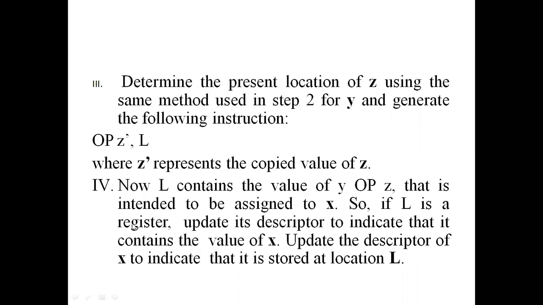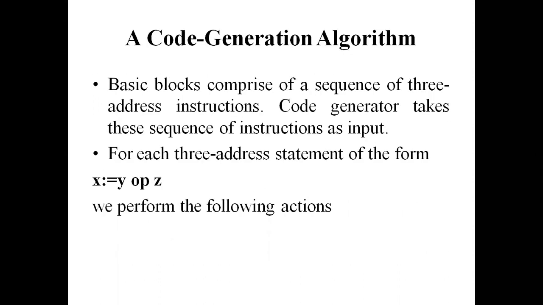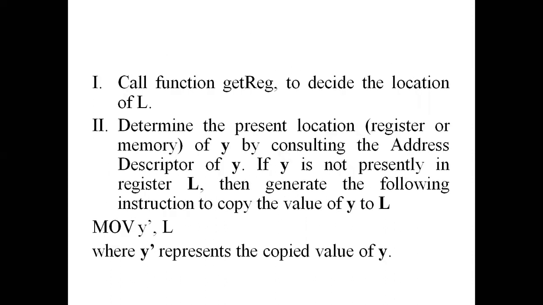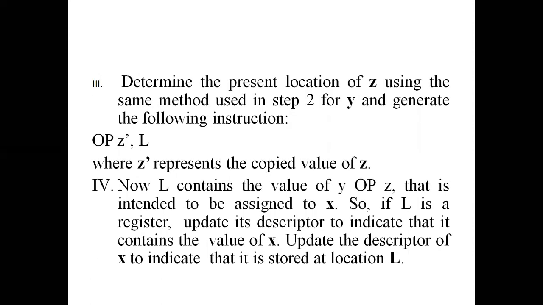And the same way here we need to determine the present location of z, because x = y op z is the three address statement. Now we are determining the locations for y and z. So in the second action I determine the location of y, and in the third action I need to determine the location of z.